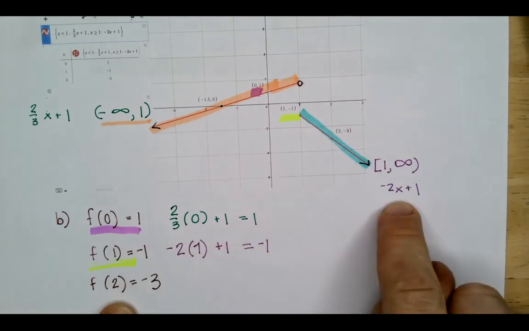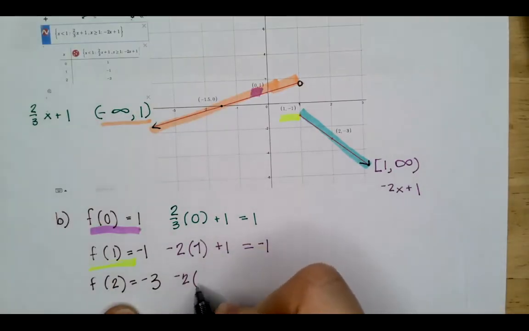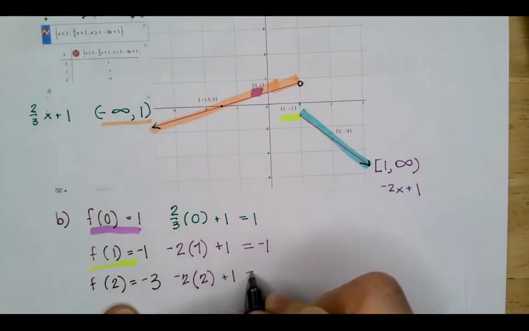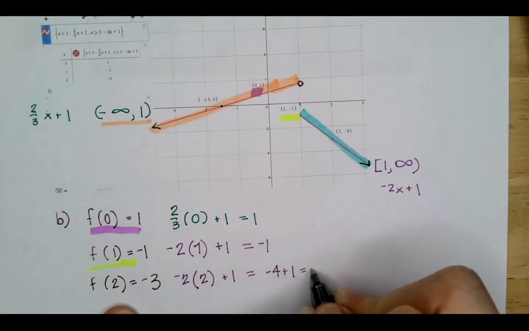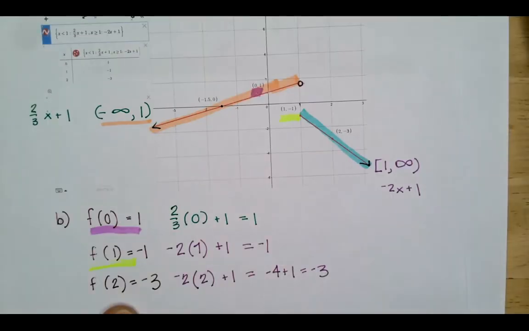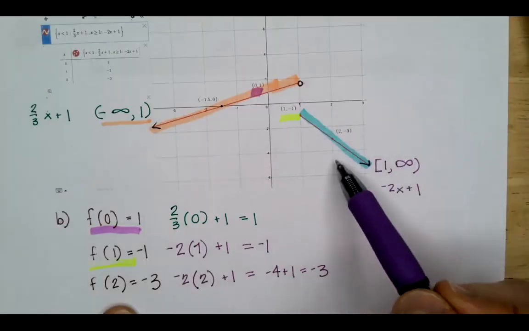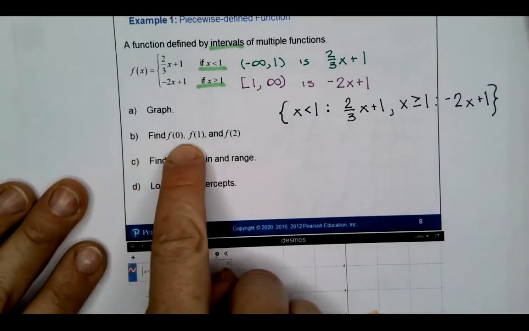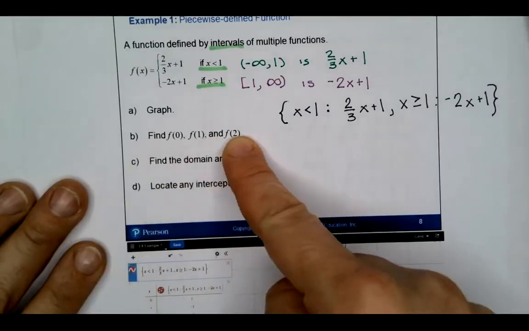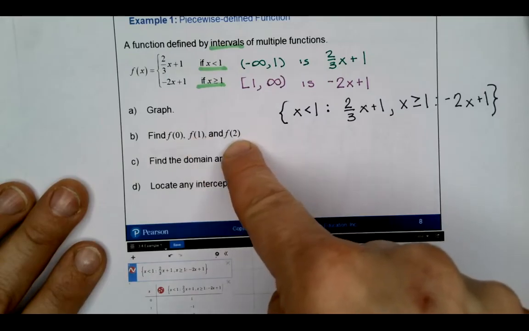I know to use this equation, so I can just plug it in. -2 times x, which is 2, plus 1. -2 times 2 is -4, plus 1, which is -3. So you can use algebra, use these equations, or you can find the point on the graph on Desmos. They asked us to find f of 0, f of 1, and f of 2. f of 0 was 1, f of 1 was -1, and f of 2 was -3.